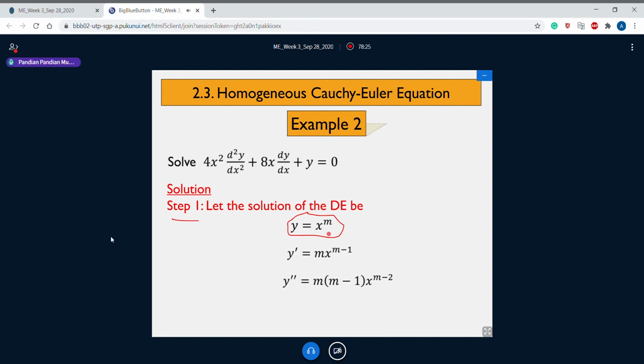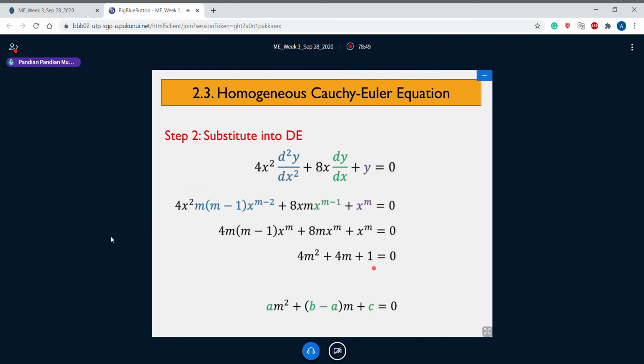So y equals x to the power m, y dash is m x to the power m minus 1 by using the power rule, y double dash is m(m minus 1) x to the power m minus 2. So you take all this, plug it inside the original differential equation, substitute, and then simplify.